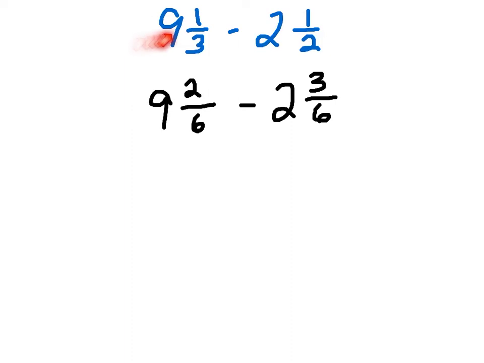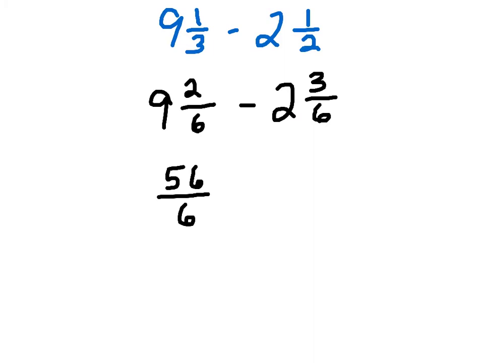So for 9 1/3, an equivalent mixed number would be 9 2/6. I multiplied both the numerator and denominator by 2/2. And then for 2 1/2, the equivalent fraction would be 2 3/6, multiplying both the numerator and denominator by 3/3.